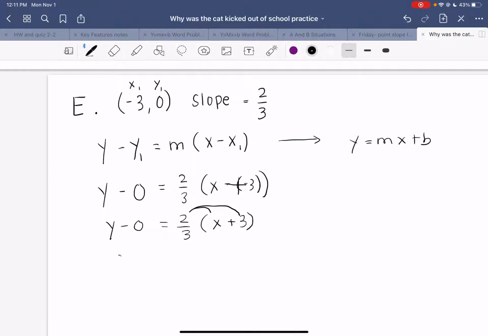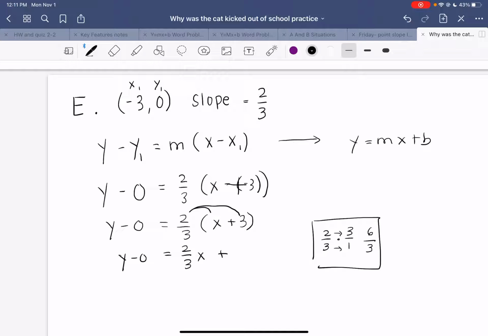So now we have y minus 0 equals 2/3 x plus, and this is when I'm going to go off to the side and do my multiplication. So I have 2/3 times 3 over 1. So multiplying straight across, 2 times 3 is equal to 6, and 3 times 1 is equal to 3.